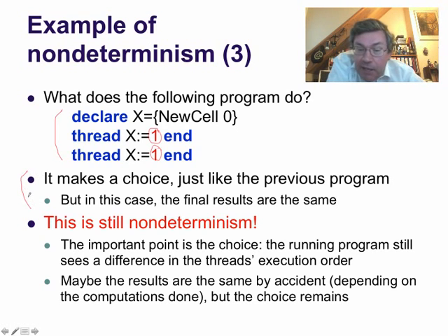So the system is still making a choice, but in this case, both of the results are the same. But it's still non-determinism because the running program is making a choice. There is a difference in the execution order of the 2 threads decided by the scheduler. This choice still exists. In this case, the results are the same by accident, but the choice remains.